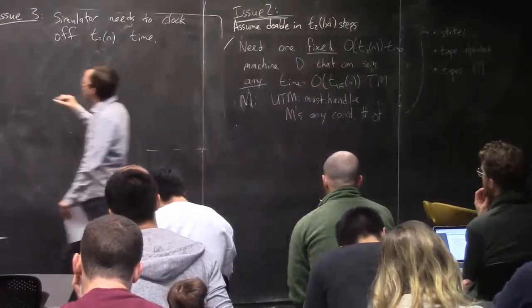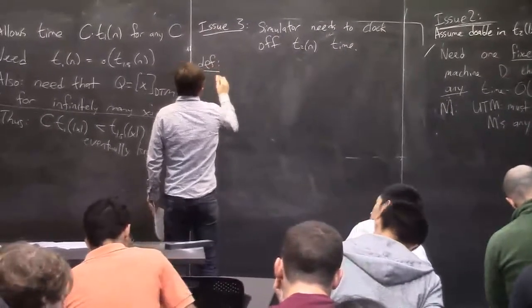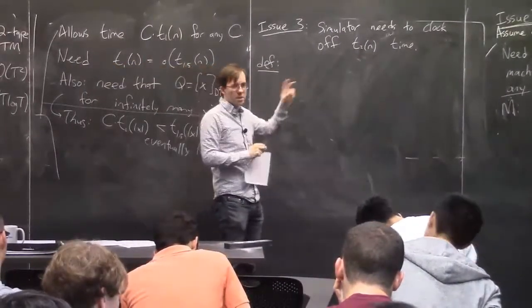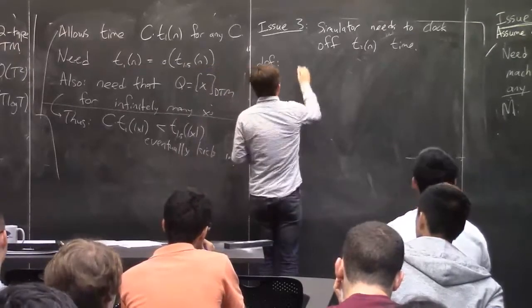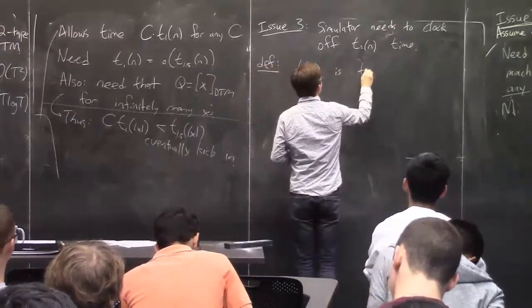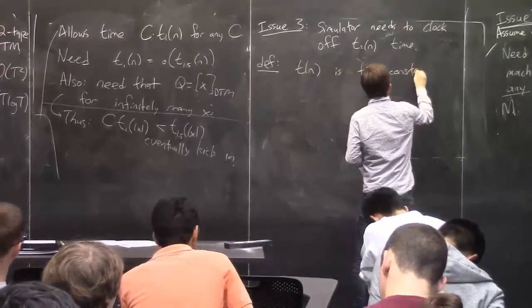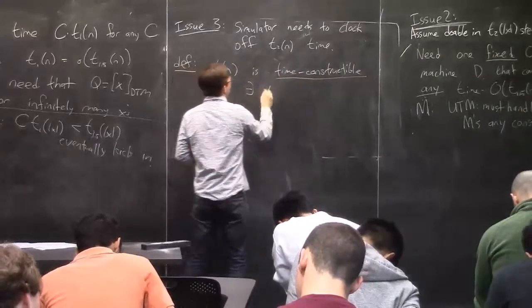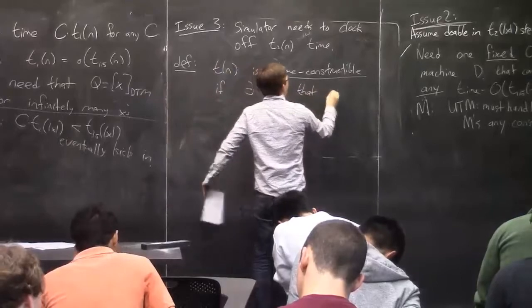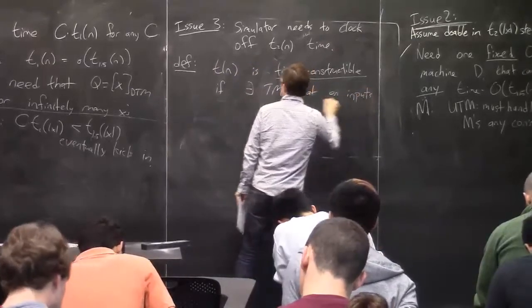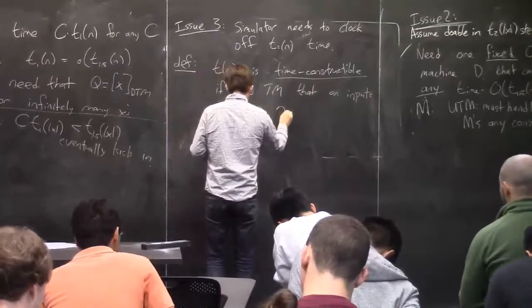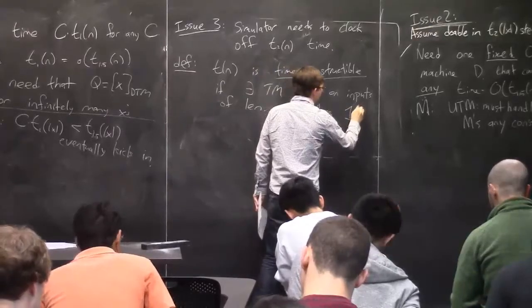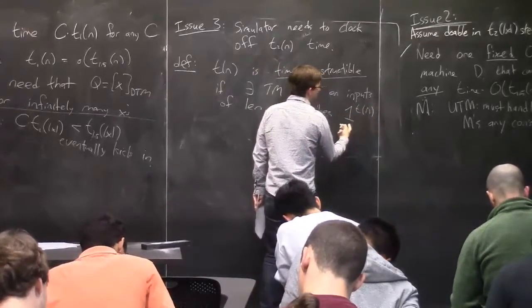So there's a definition involved here, which is basically a mantra you always have to put at the beginning of proofs: that all your running times are so-called time constructible. So this t(n) is a time constructible function if there exists a Turing machine that on inputs of length n writes out t(n) symbols, let's say ones.